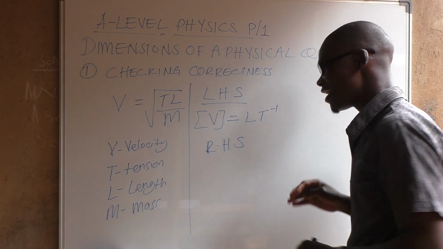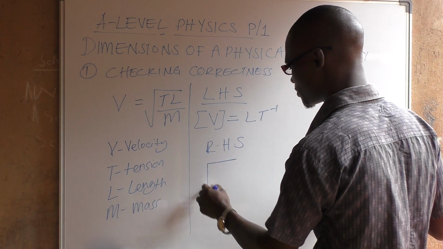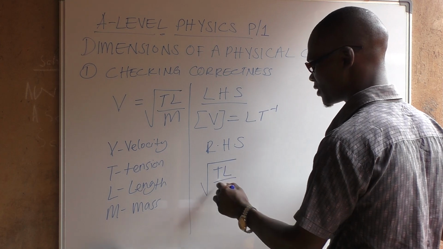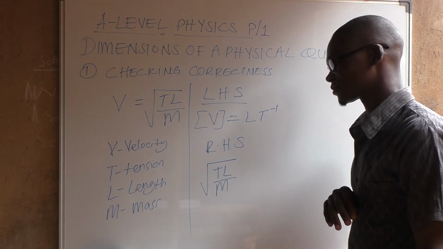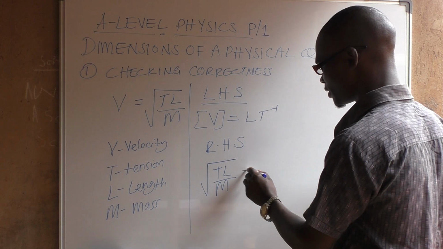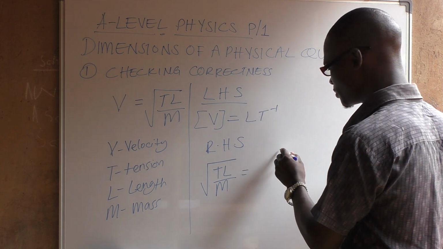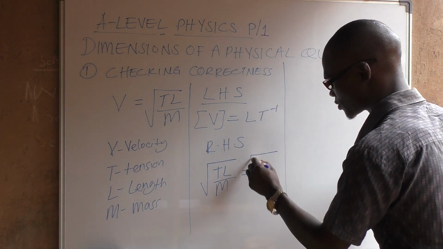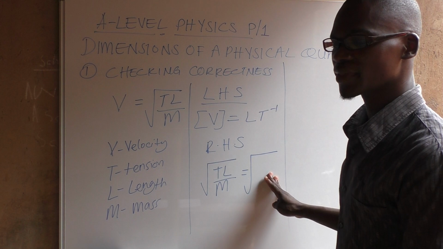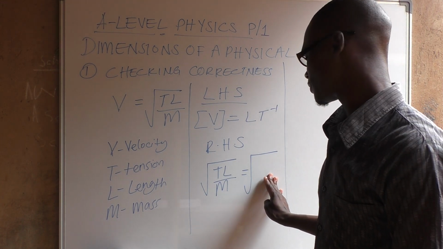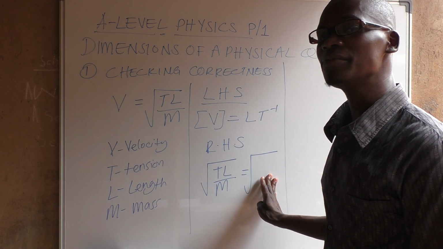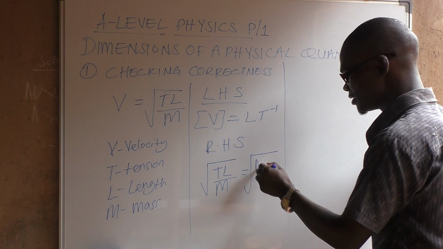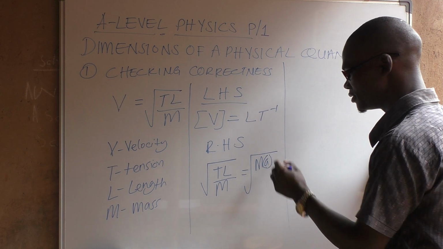On the right we have the square root of the tension times length over the mass. Tension is a force, and therefore it is MA, which is mass times acceleration.